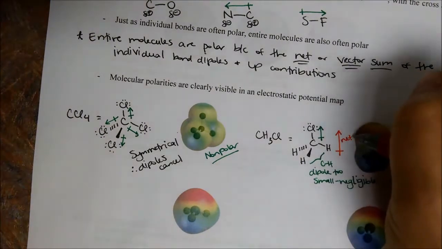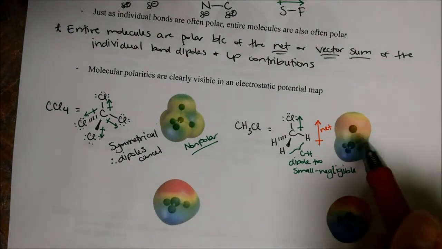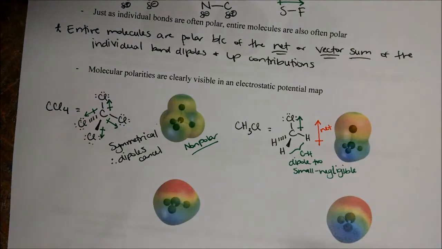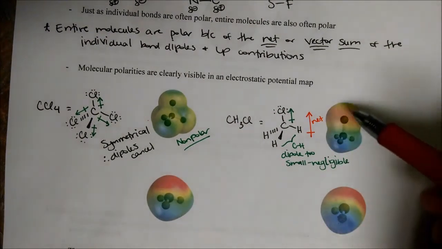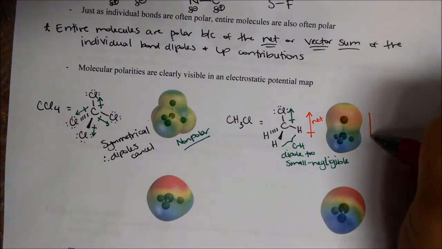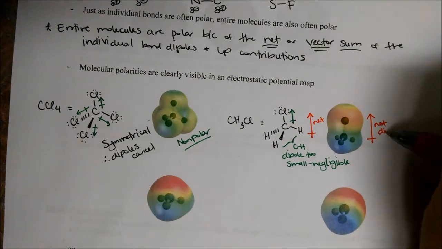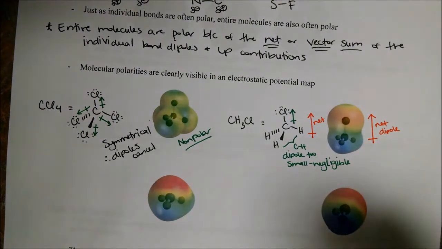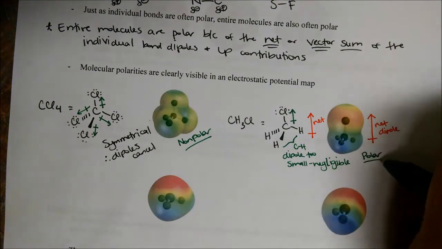Okay, so here's the net. And we can see that in its electrostatic potential map. We have electron density surrounding that chlorine atom. If you look at the entire molecule, we have red up here, blue down here, so there's an overall net dipole towards that chlorine. Okay, so this guy is definitely polar.